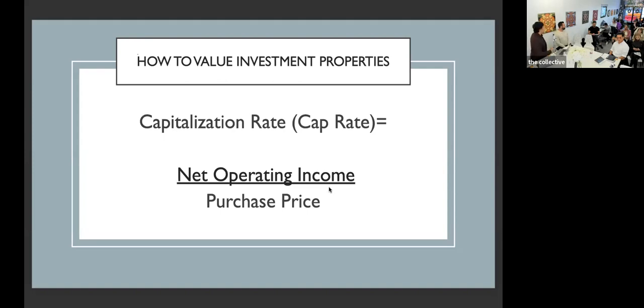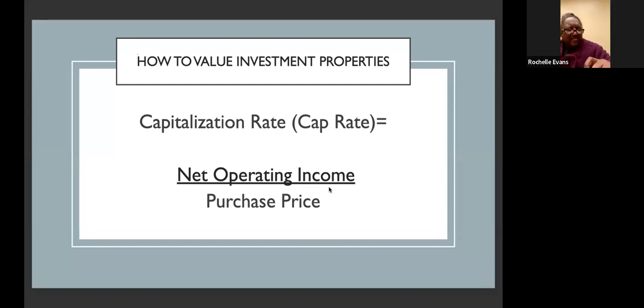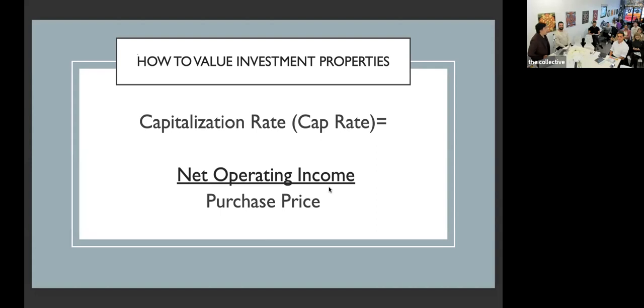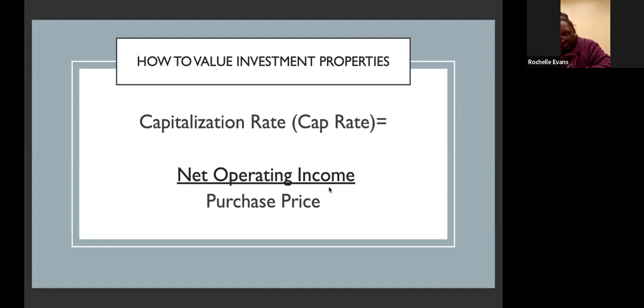Now, can someone tell me how do you get to your net operating income? Take your gross rents and you subtract your expenses. Thank you. Did everybody hear that online? Yes, you take your gross income and you subtract out your expenses, and that's how you get your net operating income.